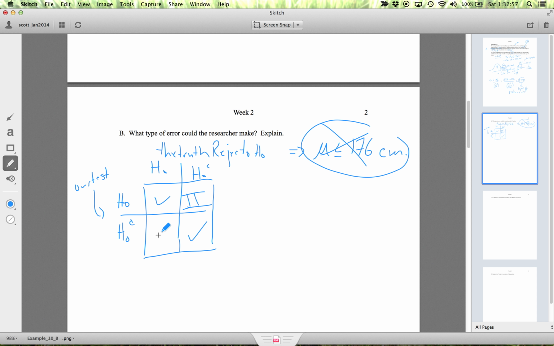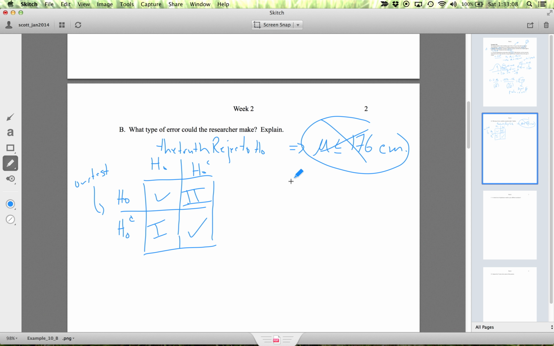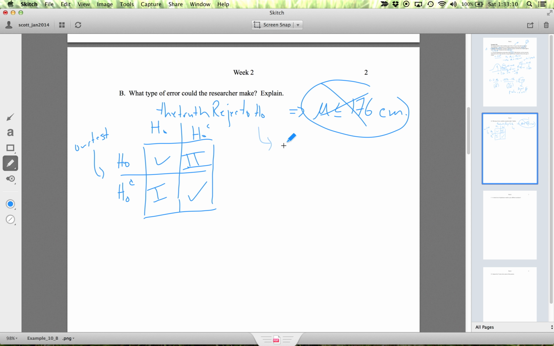And if our test tells us that H naught is not correct, and it really is, this is called a type 1 error. Here we rejected H naught, so our test said that H naught was not correct.